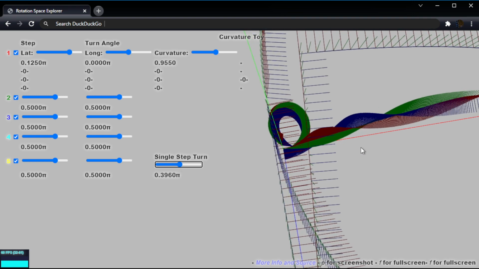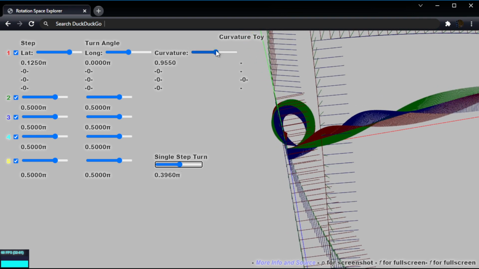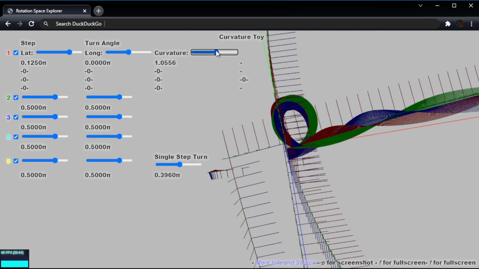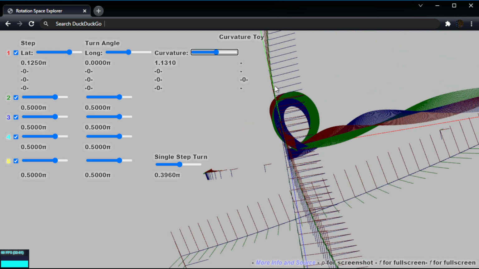Okay, so that is almost 90 degrees. I got confused between the blue and the red.